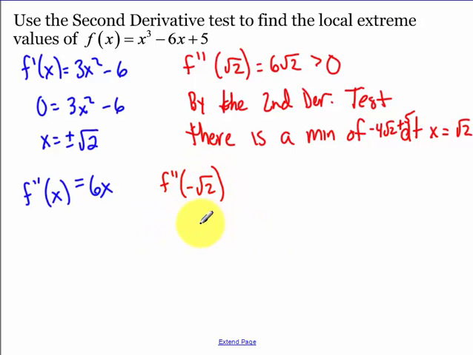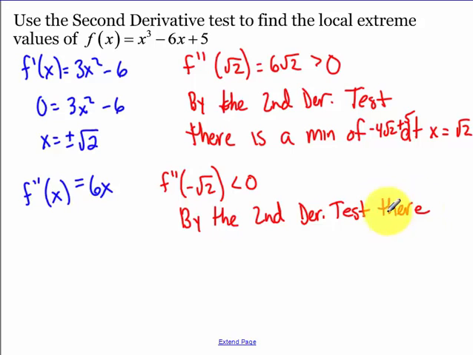Now, honestly, you don't even have to find the value. As long as you tell me when you plug in this value, I'm getting less than 0, we can now say by the second derivative test, there is, so my second derivative, I'm concave down, which means I'm down at my maximum, so there is a max of, I'm going to fill in the y value here in a minute, at x equals negative root 2.